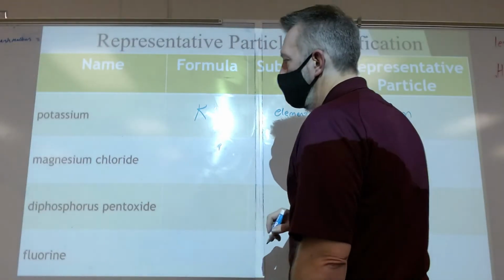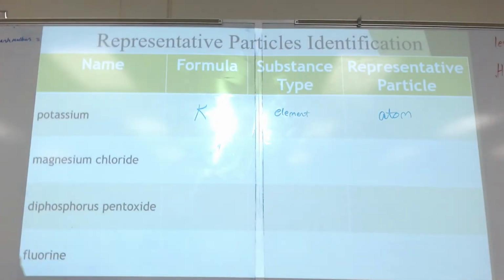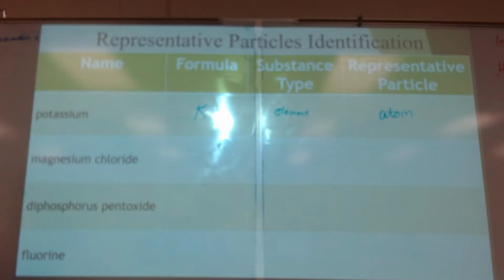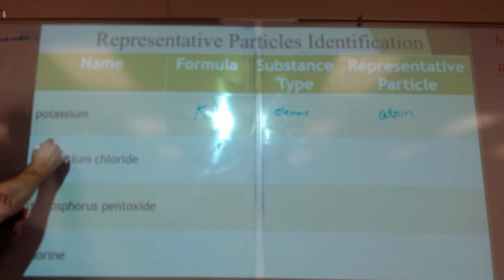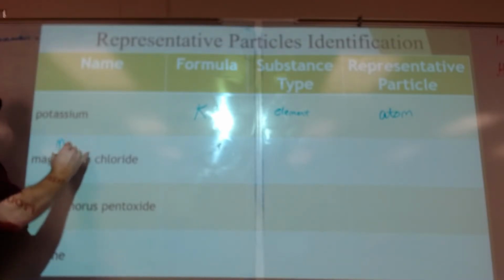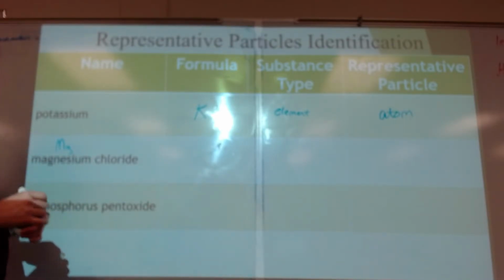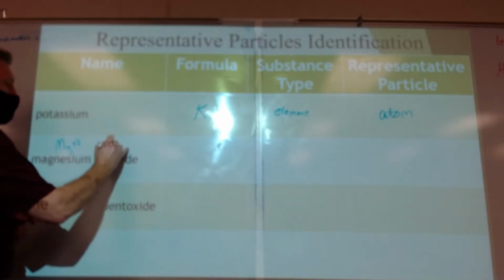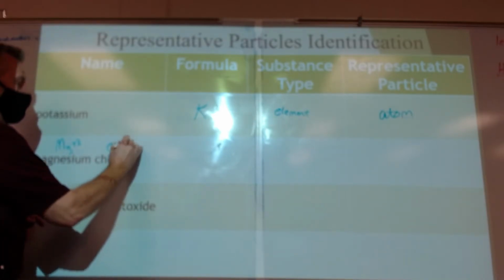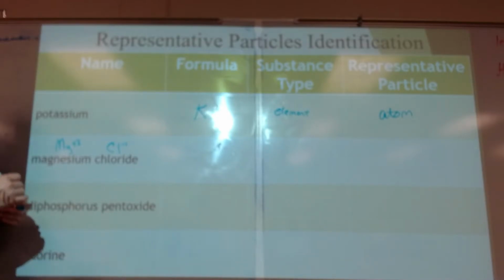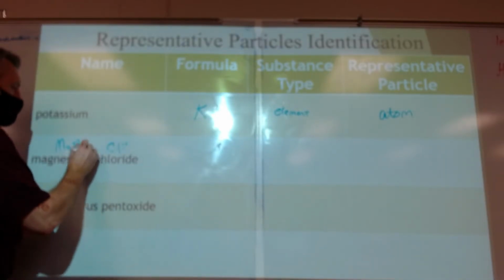Atom. Magnesium chloride. In order to answer this question, let's come up with a formula here. Magnesium chloride is what kind of formula? Ionic or covalent? It's going to be ionic, so let's go ahead and do the crisscross. Magnesium would be Mg, and its charge would be +2, and chloride is Cl and -1. Again, I really, really strongly encourage y'all to go ahead and do this crisscross. You don't have to draw the arrows.